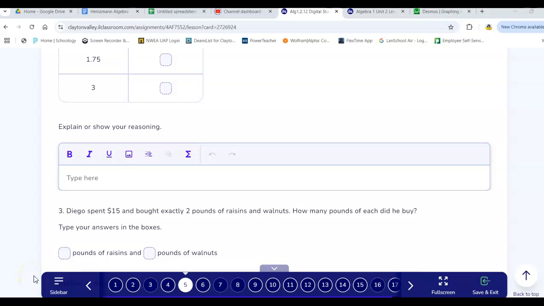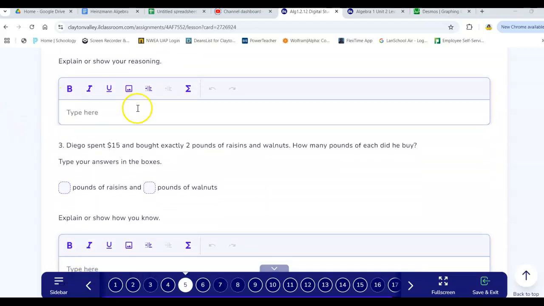So once again, where they ask for you to explain your reasoning, you're just going to tell them, how did you know how to fill out this table? Well, how do you fill out a table? You look at a graph, and you get the values from the graph. That's how you're doing it for this activity.